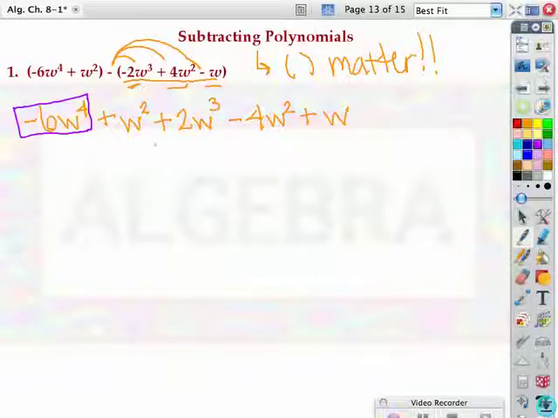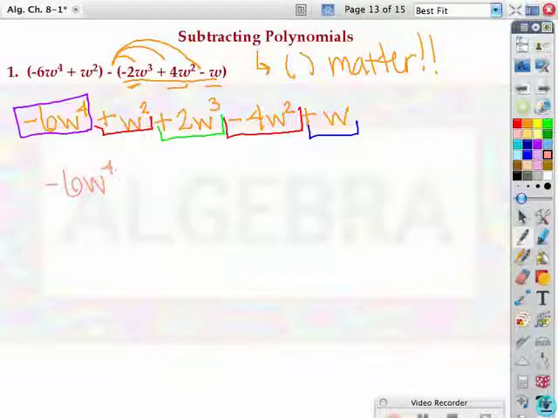Our w squared has a like term right here with negative 4w squared, and then we have 2w to the third, which does not have a like term with anything else here, and then our positive w, which also does not have a like term. Combine them, write them in descending order.